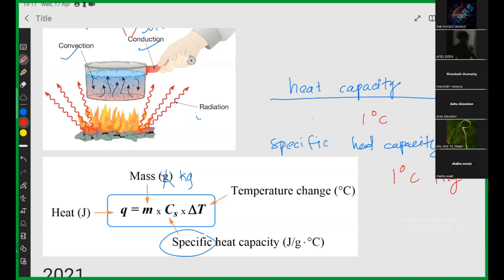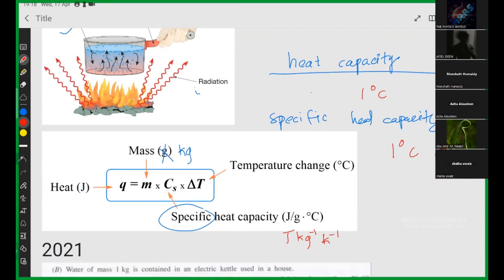You can give it as joule per gram per Kelvin also, but the SI unit is joule per kilogram per degree Celsius, or per Kelvin. So I'll explain those things also. The mass standard unit is kilogram, because mostly the questions will appear in that only. And temperature is mostly given in Kelvin. So in that way, the unit is joule per kilogram per Kelvin.